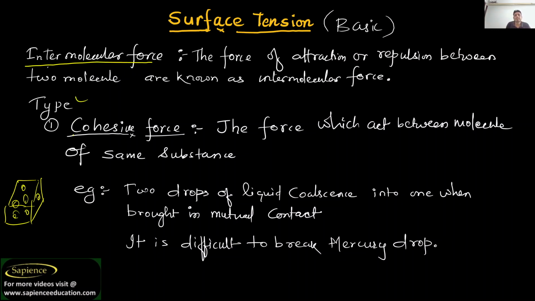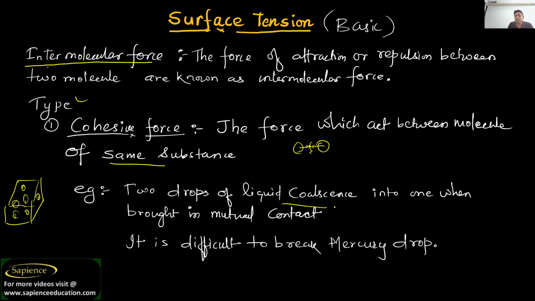So how many types of forces are there? See, first type is your cohesive force. Co means what? Same type. So the force between same type substances is known as cohesive force. For example, water molecules. The force of attraction or repulsion between water molecules is known as cohesive force.